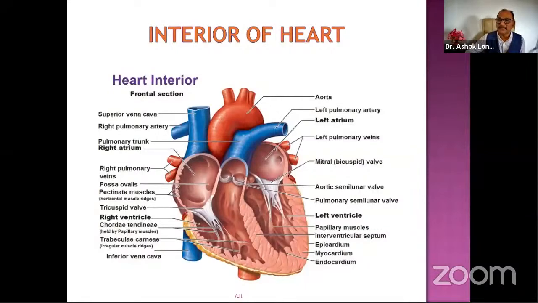As far as every structure is normal, there is no problem. But the structures which develop in fetal life, if not normal, then every structure we can see can be abnormal. This is what I am saying.